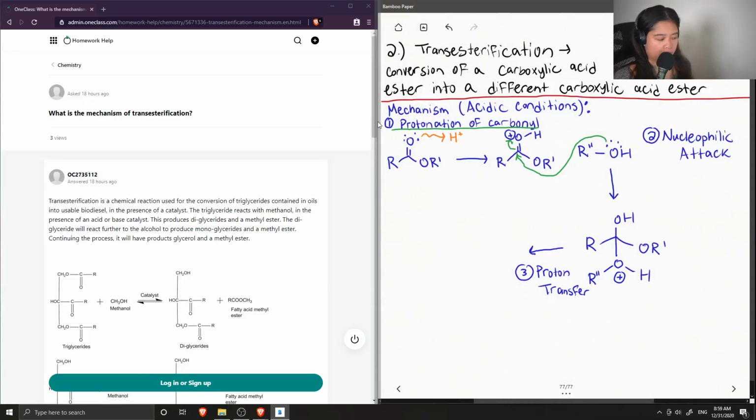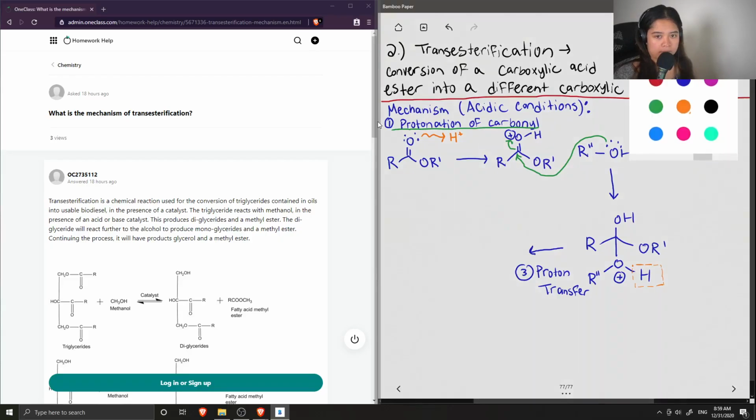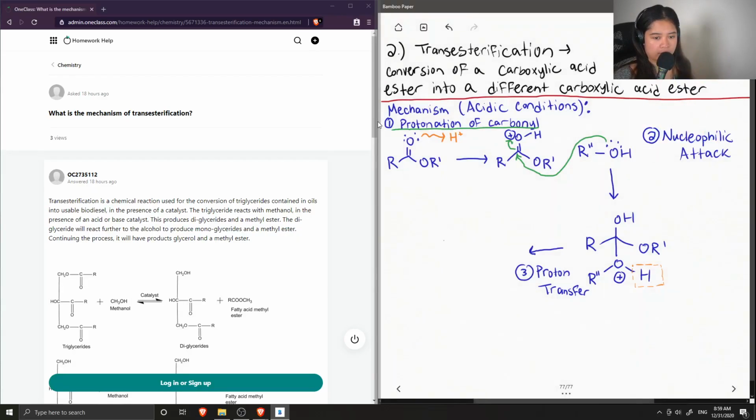So I'll show that this proton will be transferred to the other R group.